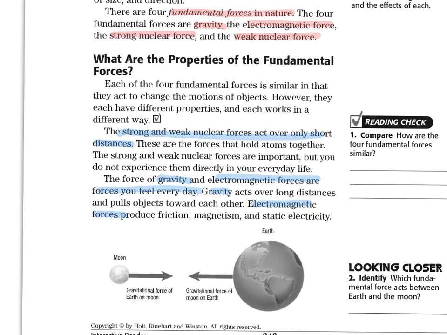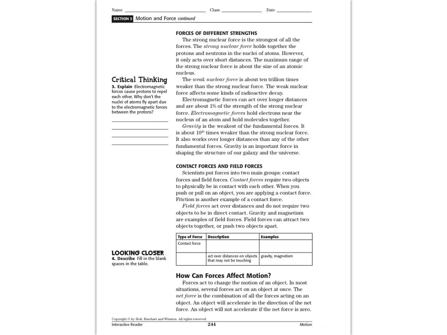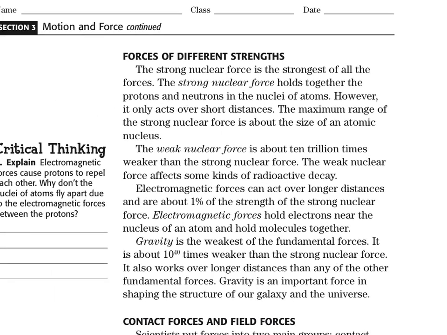Okay, turn the page with me. When we talk about these different types of fundamental forces, one of the things we need to understand together is that they each have different strengths. It says here that the nuclear strong force is the strongest of all four, because it holds your protons and your neutrons together in an atom.